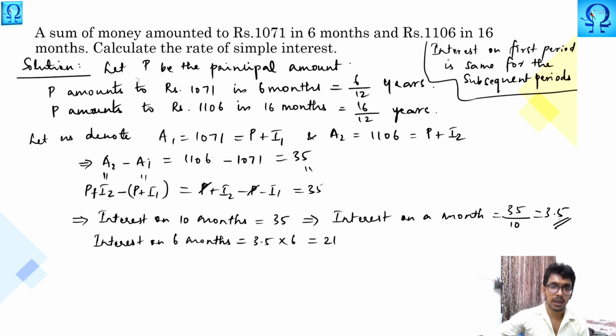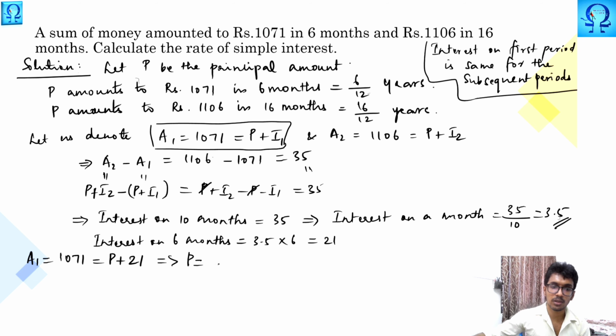So coming back to this, A1 is going to give me what? A1 is 1071. It is P plus my I1, which is 21. So this tells me my P value is 1050. So I get the principal value.